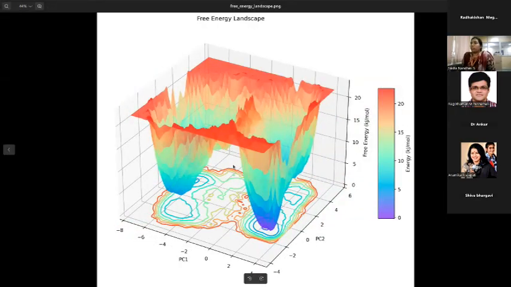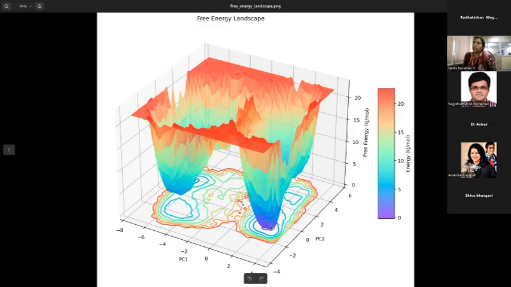So this has been plotted with the second plot I showed you using the principal component analysis, where I've used the first three components. So you can see that there are three prominent minima here, and of those, comparatively, this has a greater minimum. So this can be used to understand how many conformations they adopt and which conformation is more favorable.